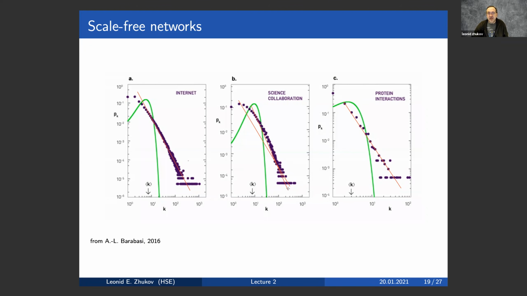And yes, they might be quite universal, but most likely what we have is that there are certain regions where you get the scale-free behavior, but then there are some other regions that deviate, and there is no pure scale-free behavior there. So in some sense, there is a feeling right now among the research community that the scale-free property is a little bit overrated.